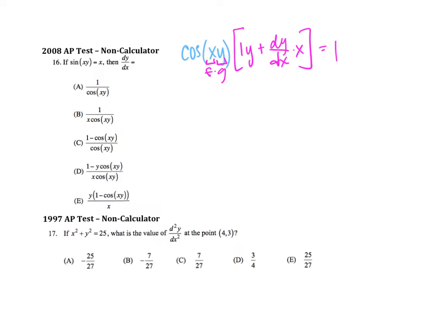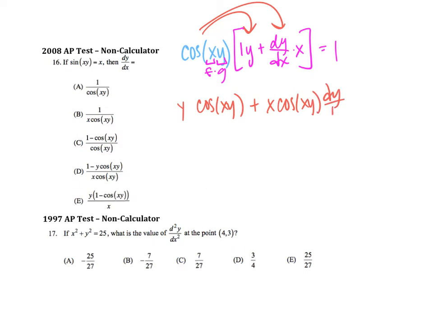But I'm going to challenge you to go ahead and distribute right now. Whoops, let's get a marker. Let's go ahead and distribute. So I'd have y times the cosine of xy and x cosine of xy times dy/dx equals 1.